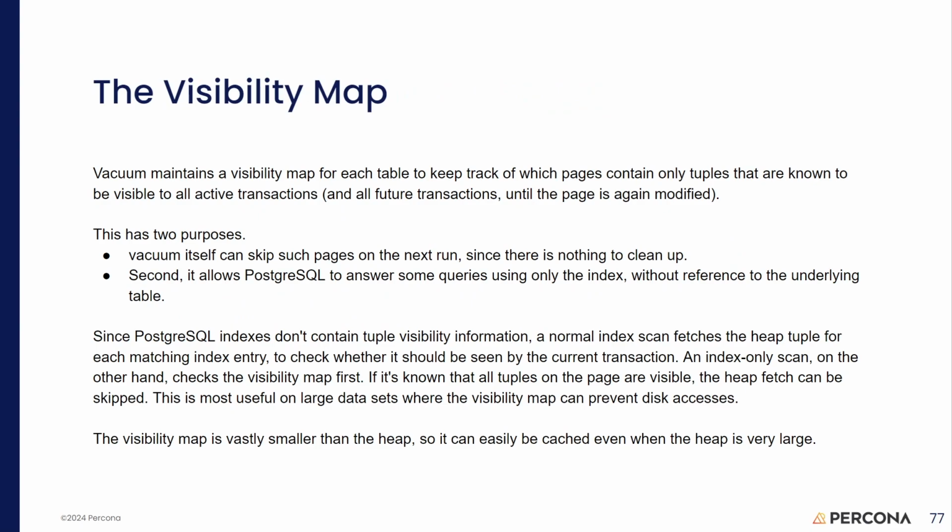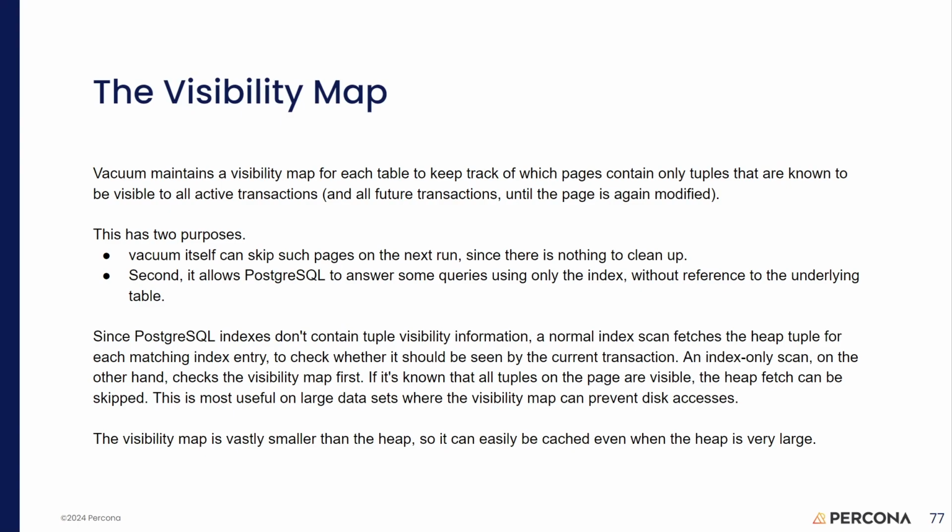Now, the visibility map I mentioned earlier is a very handy tool. Vacuum maintains this for each table, and it will keep track of which pages contain only tuples that are known to be visible to all active transactions. I mean, this is the data that you know is good and not redundant.